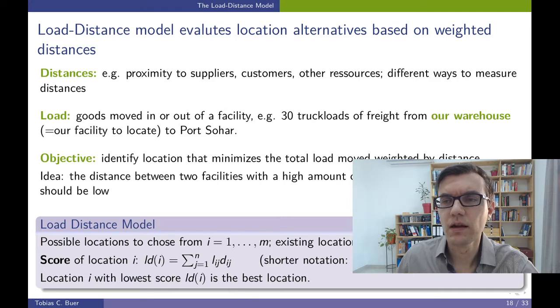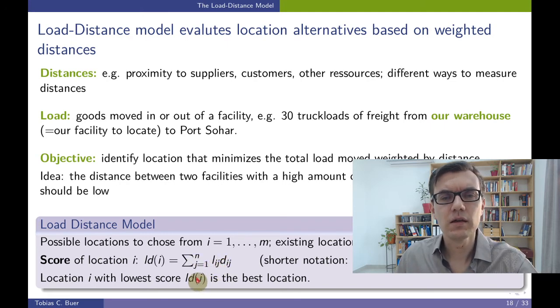Since I have defined it in the beginning, this is a useful, shorter alternative to this one, but maybe as a beginner try to use this more complete notation. And at the end, we compare the scores for all our locations, and the location with the lowest score is considered our best location.